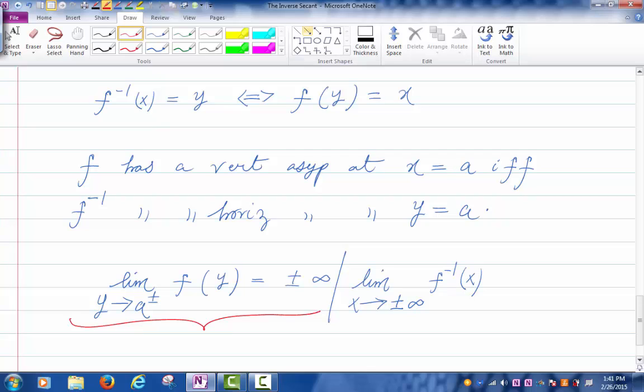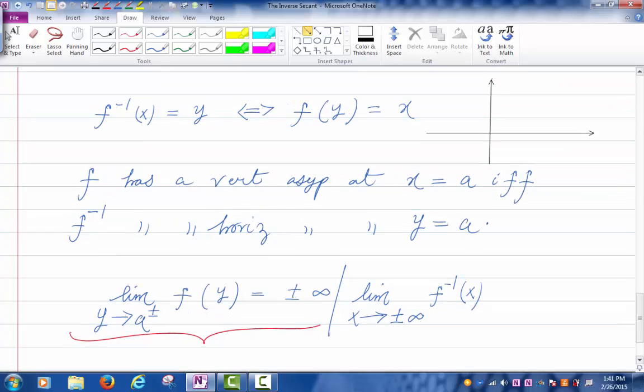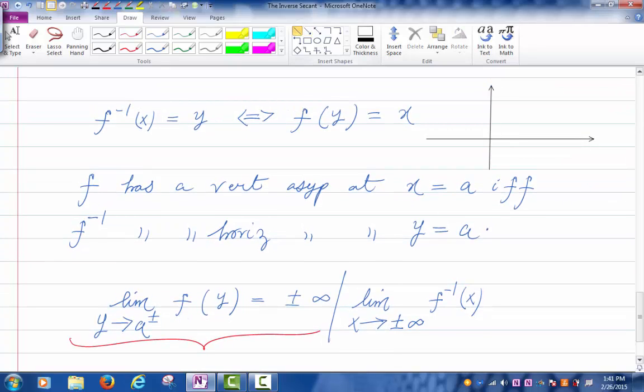So maybe I can make a picture here. So let's say this is the x-axis, y-axis, and let's say this is the vertical asymptote here. So this is a here. f has a vertical asymptote means either on the left side of a, the function f goes to infinity, or on the right side of a, the function goes to infinity, right?